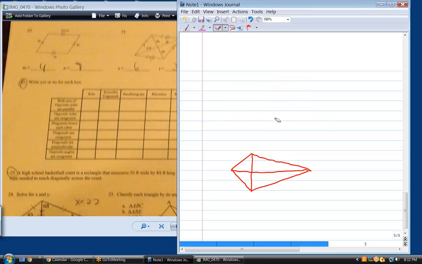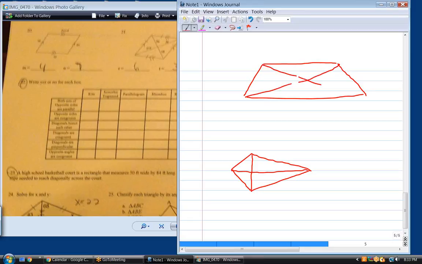Let me try to draw it so it will be more clear as to whether they bisect one another. No, it's got to be like that. In other words, those two sides are equal. The question is, do the diagonals bisect one another? What do you think? Yes.